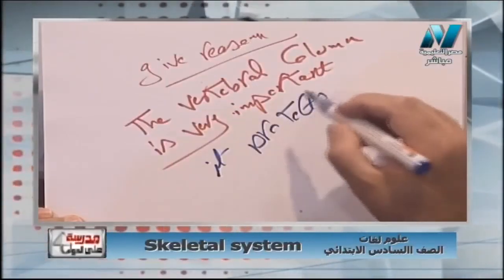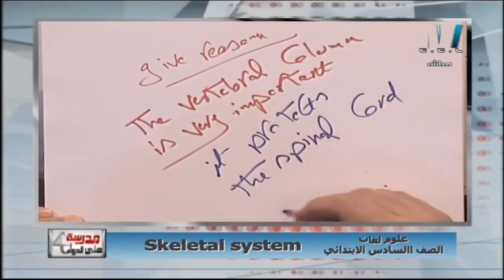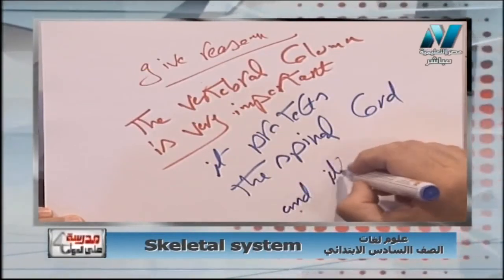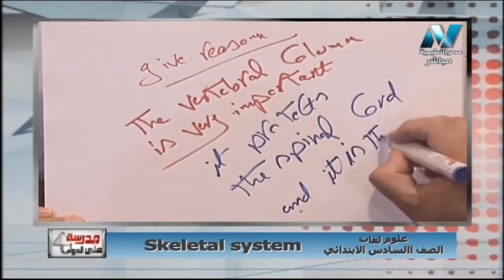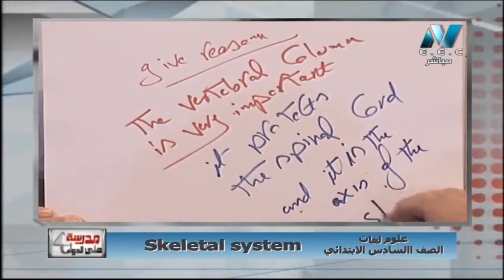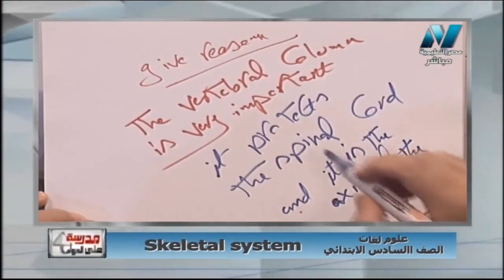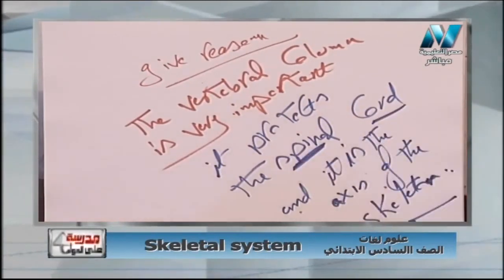It protects the spinal cord, and also it is the axis of the skeleton، هو محور الهيكل كله، يعني هو اللي بيخلي جسمنا دايما upright. طبعا هو بيحمي جزء مهم جدا هو spinal cord and also it represents the axis of the skeleton.